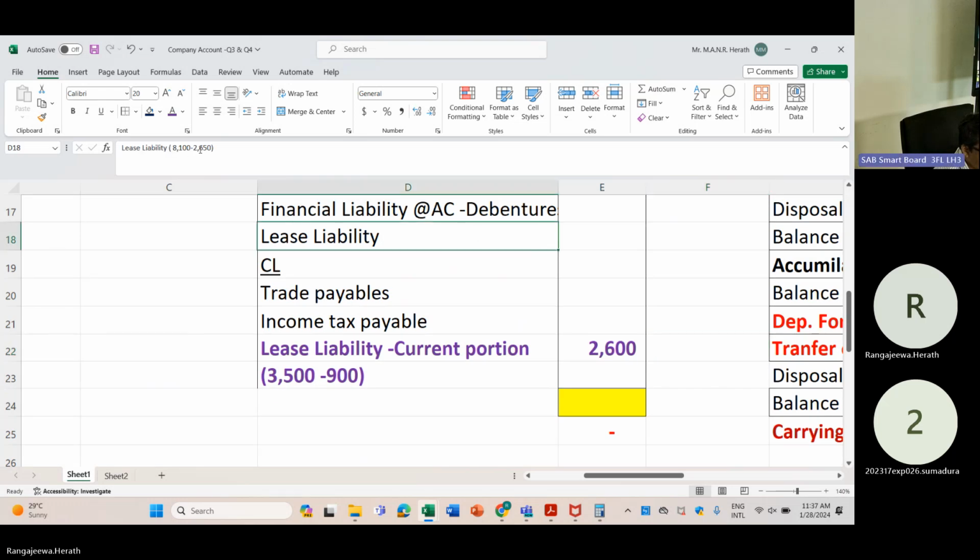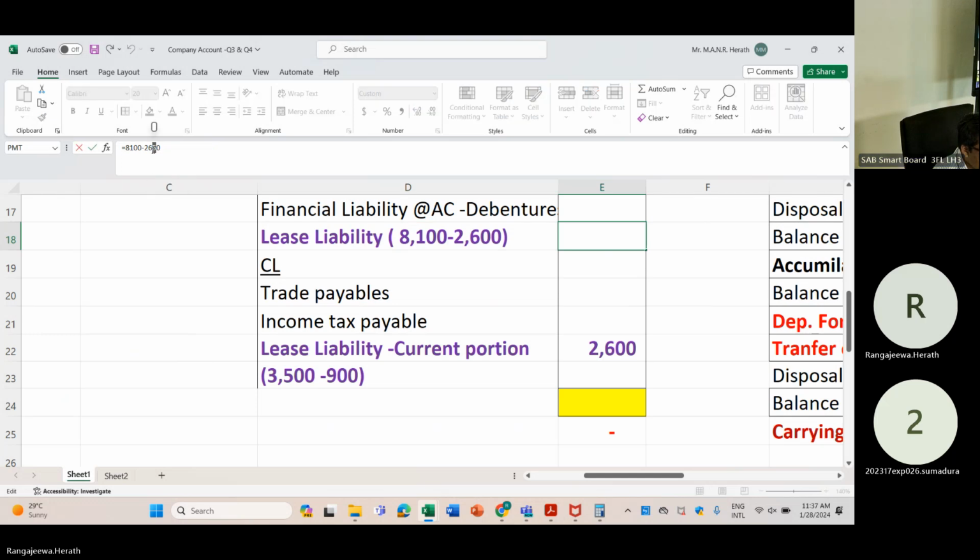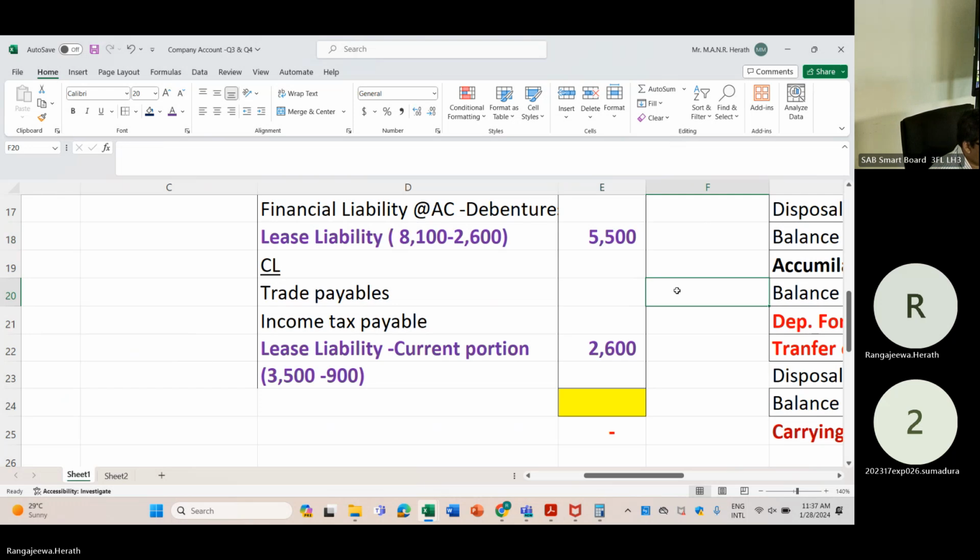And the non-current portion is, from the total lease liability of 8,100, when you leave out 2,600, the non-current portion is 5,500. When you add these two, it is 8,100.